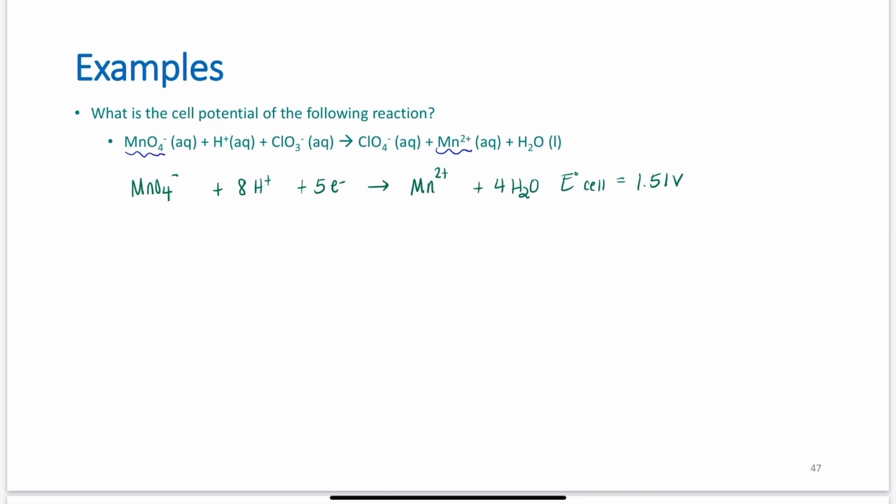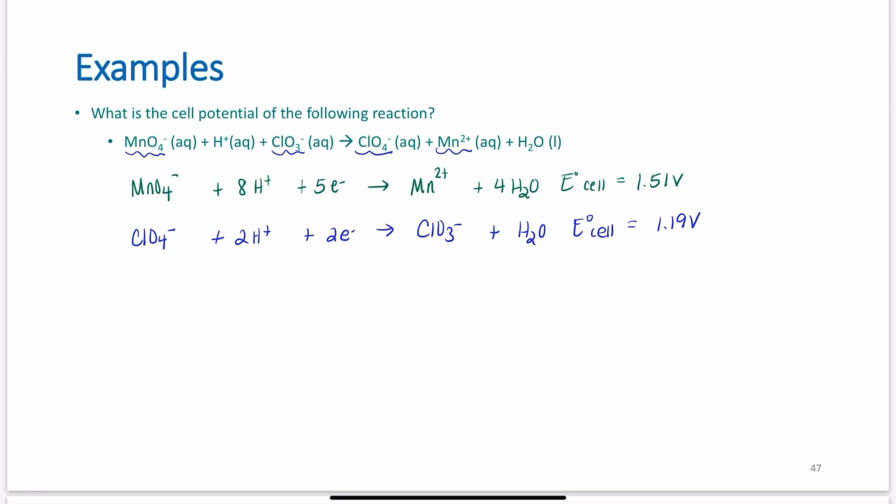I'm now also going to look for something with ClO3 minus and ClO4 minus. I find one with ClO4 minus reacting with 2 moles of H plus and gaining 2 electrons to form ClO3 minus and water. And the cell potential here is positive 1.19 volts.